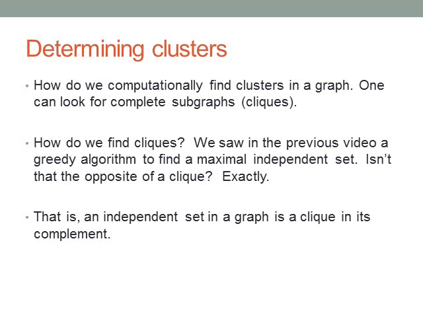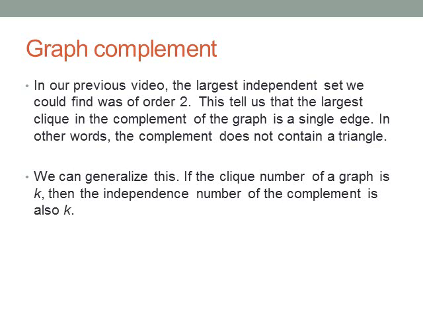Well, one approach is to first find the complement of the graph, and then find the maximum independent set. And this will give us a clique in the original graph. We can sometimes use the concept of the graph complement to help us find a clique.